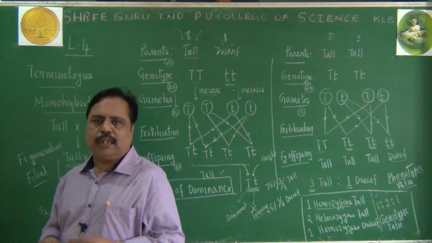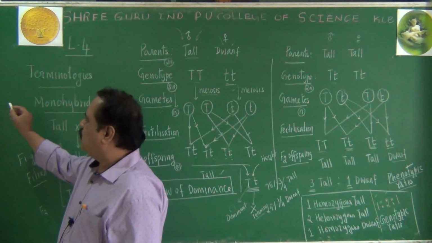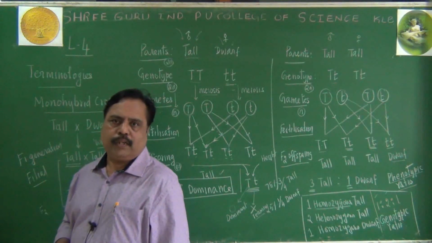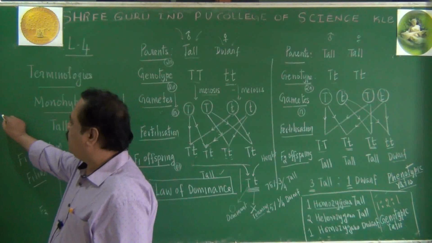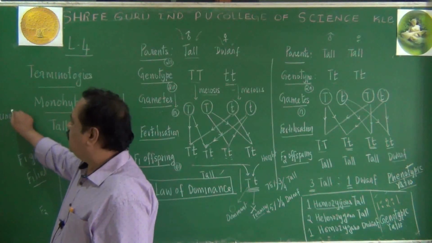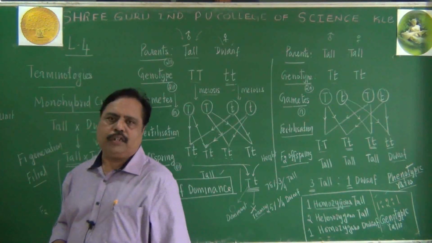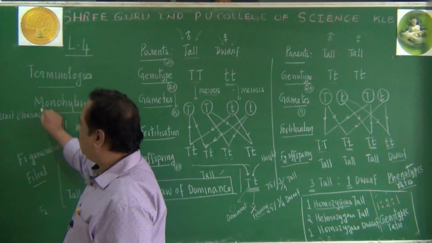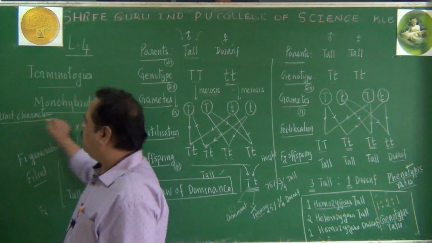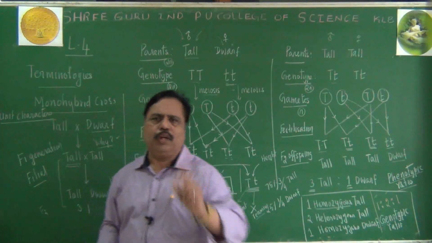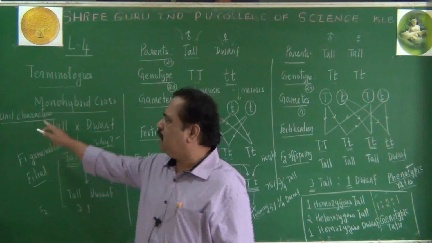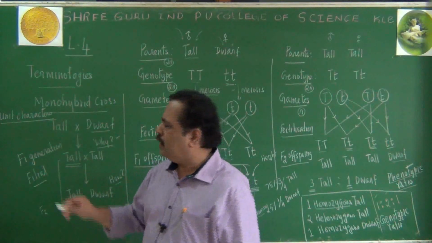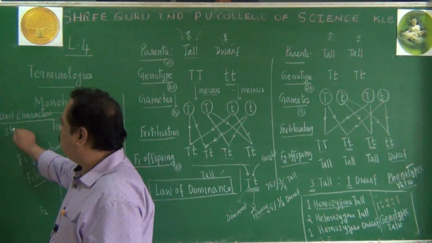Yesterday in the previous class I was telling you about the law of unit character. That law of unit character is not considered a special law for genetics because it is common in all organisms. Every diploid organism will have two factors. That is the law of unit character. It can be considered a statement.